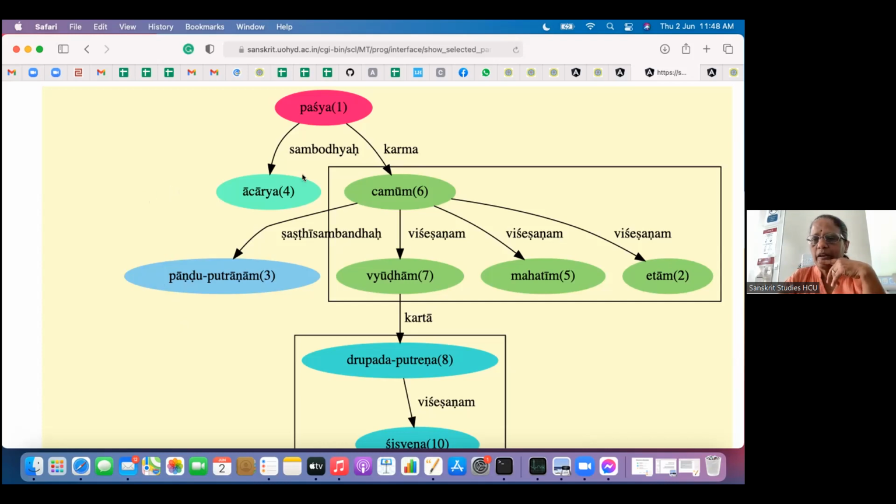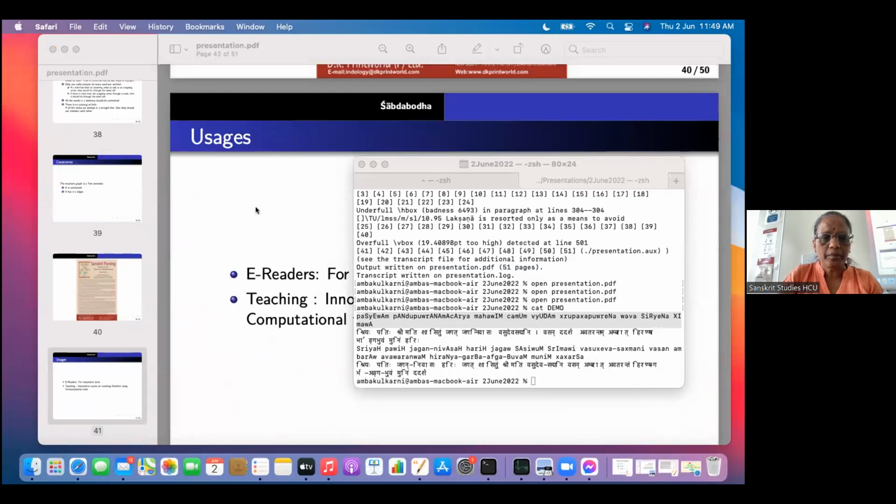This is one example. I would like to show you one more. Actually, what we have done is, with all such analysis, now we have developed a kind of e-reader. Maybe I will come to those slides and then I will go back to the other example.